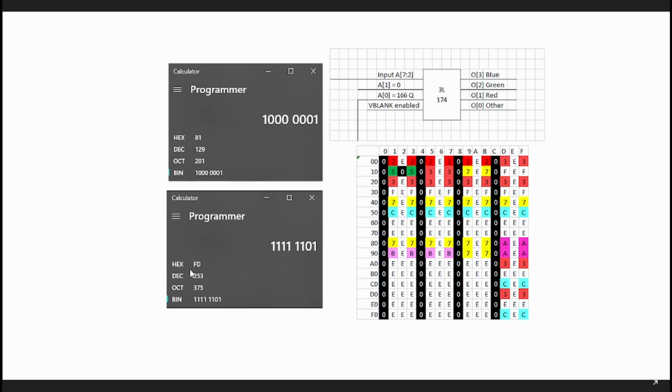First it's 0, so FD, go down to here, FD, so that's going to be a cyan pixel, let's say for one of the tanks, and then when we make the bullet, A1 is going to go 1, so then that goes to here and it becomes E again. So again we see all of these bullets are always going to be white. So hopefully that's clear how that's demonstrating the bullets showing on the screen through the RGB.